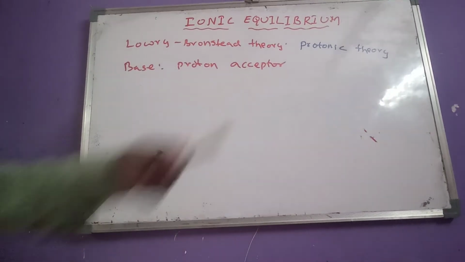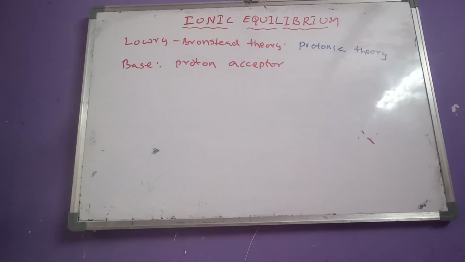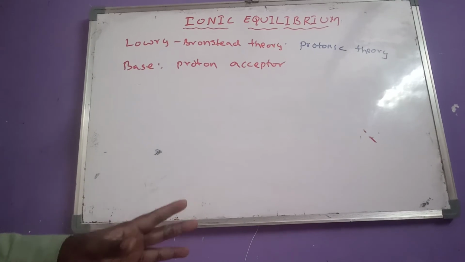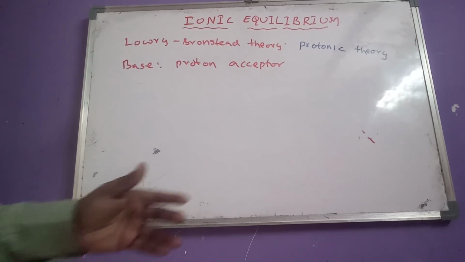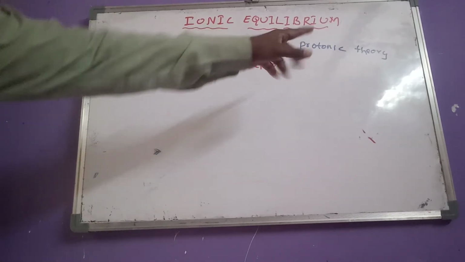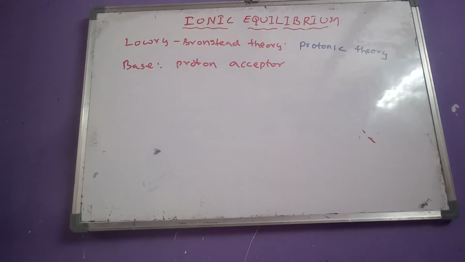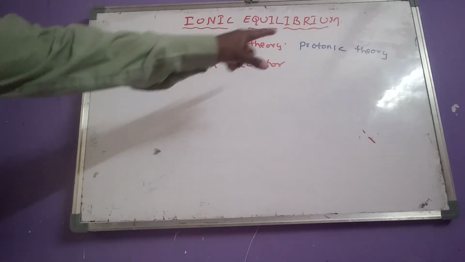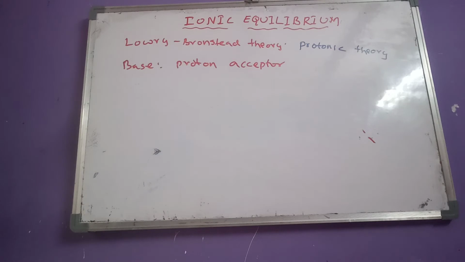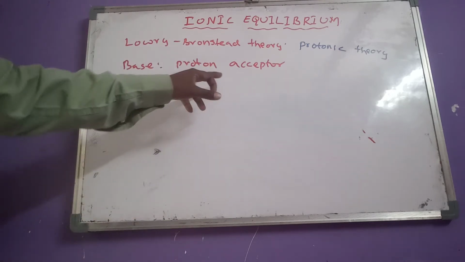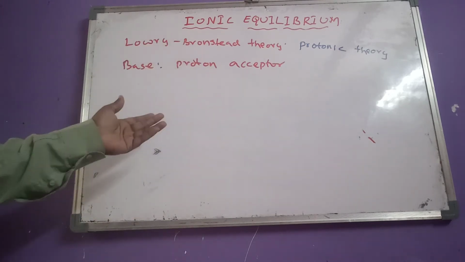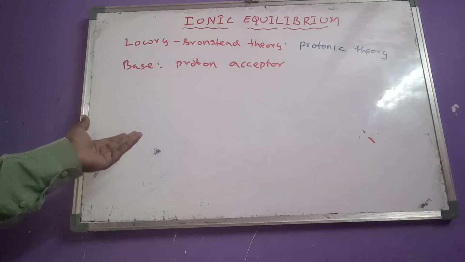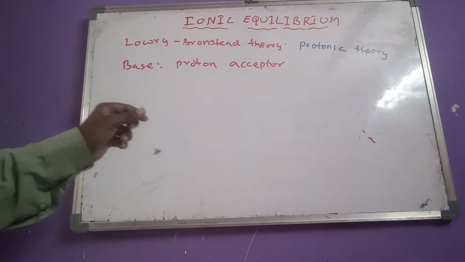That means a proton acceptor is called a base. Now we come to know why that theory was named the protonic theory, because both acid and base are defined with respect to the proton. So that's why this theory is called the protonic theory. Whatever can accept a proton from other substances is known as a base.